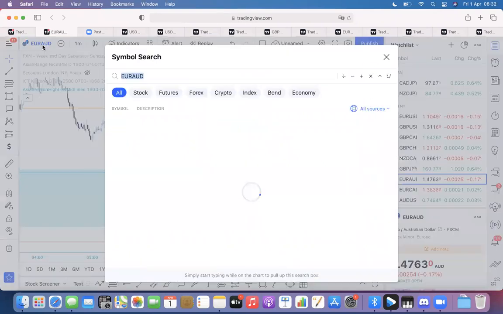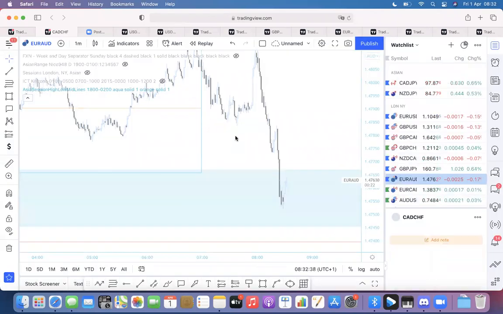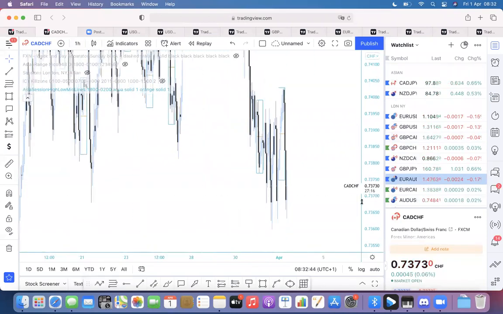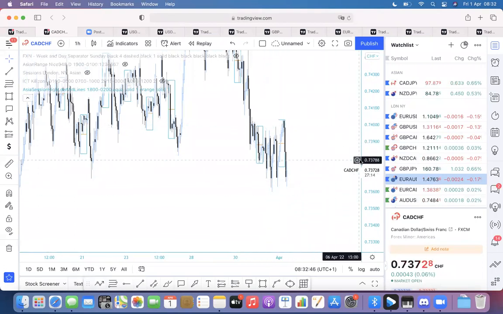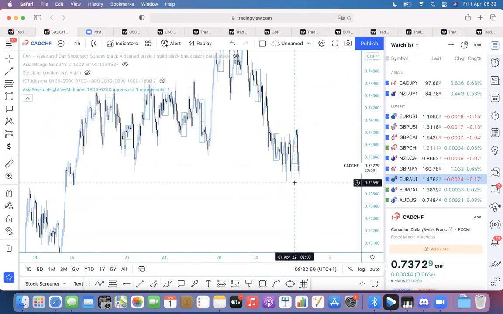Disappeared apparently. The trade I'm looking for is more of a swing trade. This is great. Also below Asian range, many equal highs. Great. Let me see if we are also at the key area. We are at the key area. This is perfect, I would say.